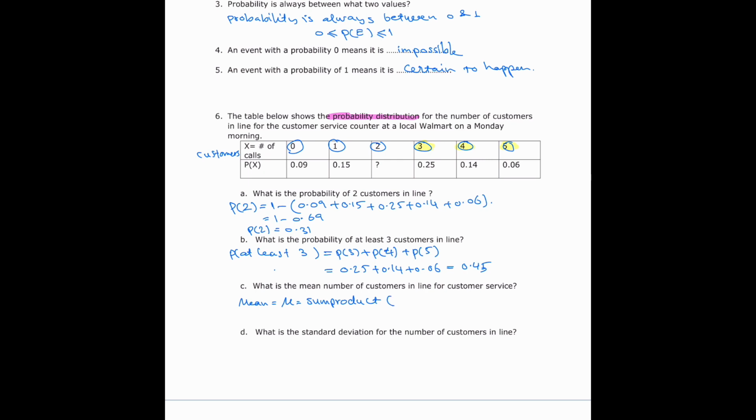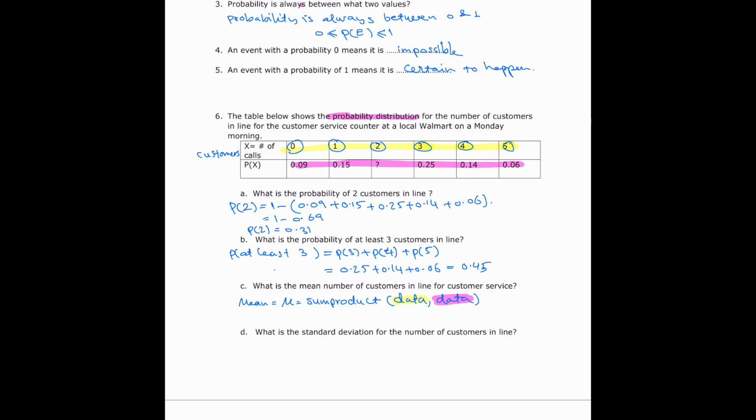And then you can basically select the first set of data, and then you're going to select the second set of data, which is the P of X. I'm going to try to color code here so you know which one goes where. This is how you do it using Excel.